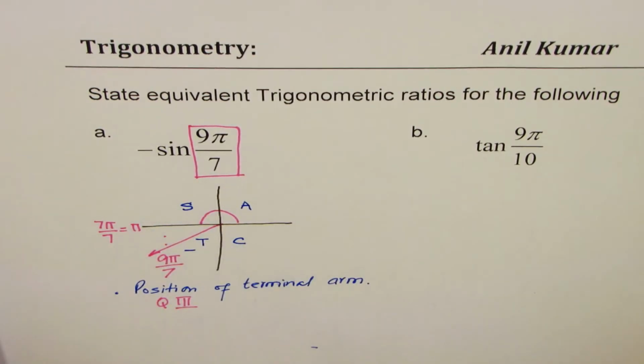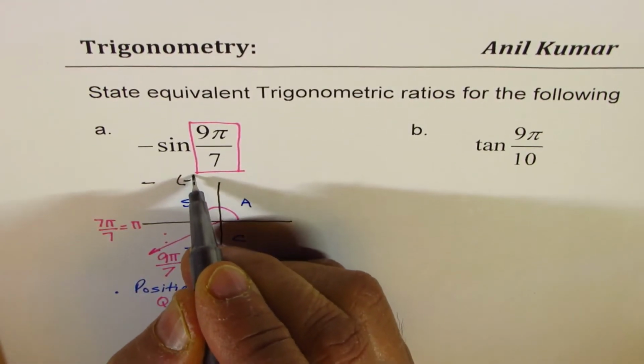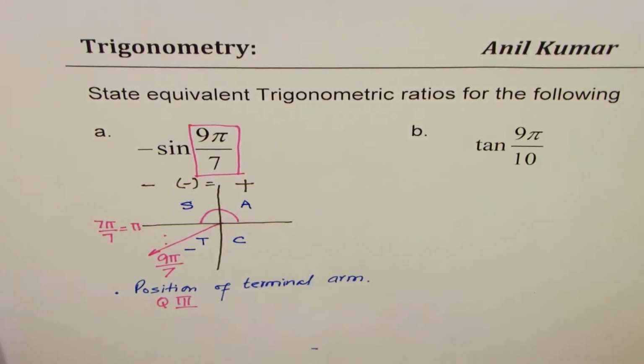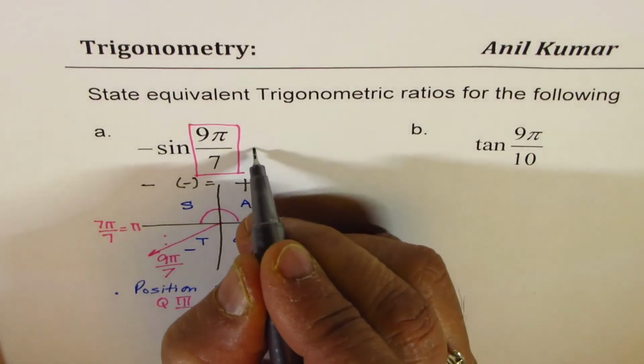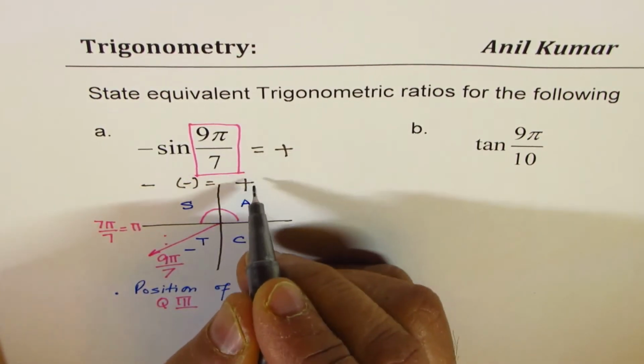So what do you expect here? We expect negative of, this is also negative, of negative. So that makes it positive. So we expect a positive result, correct? Therefore, we'll write here positive.